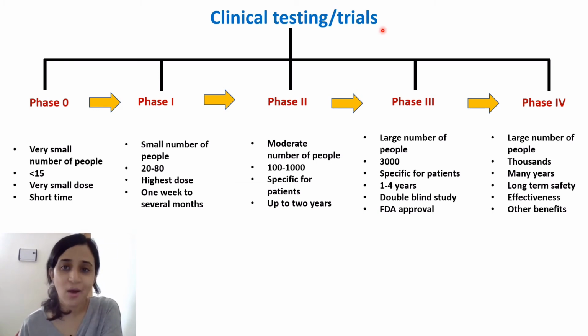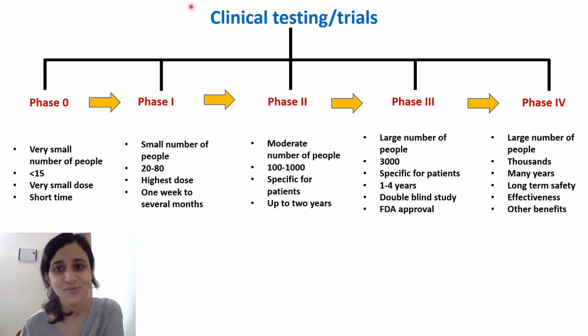Well, till now we know the safe dose of the vaccine, but still we don't know the effective dose, that is, which dose will be effective enough to combat the disease. Phase 0 requires very short time, like not more than a month.